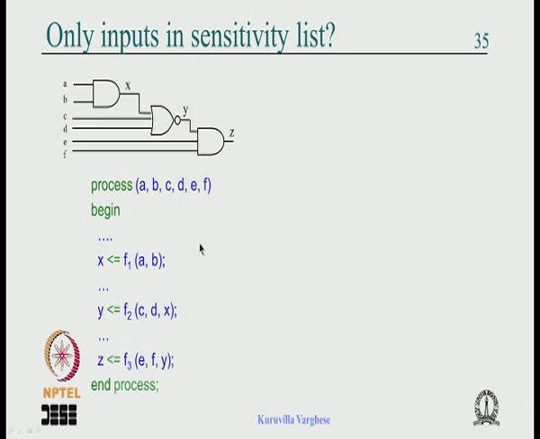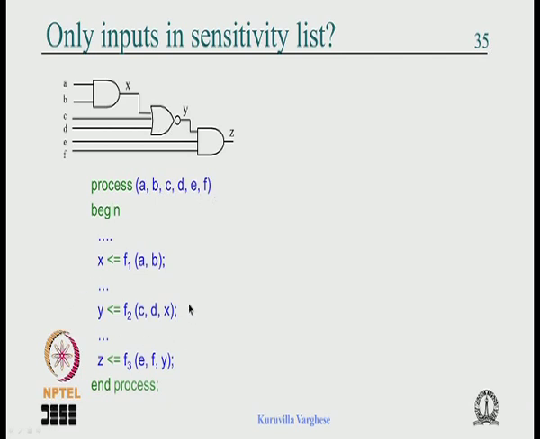So the rule is that when you have internal signals, you need not write them if you think of writing Z as a function of A, B, C, D, E, F directly. You could as well write Z is nothing but A and B XNOR C and D, with the proper brackets, and E and F, as a single statement.